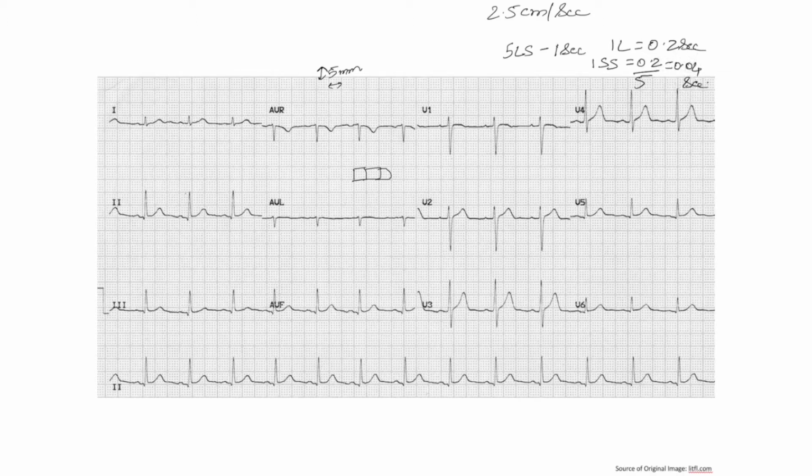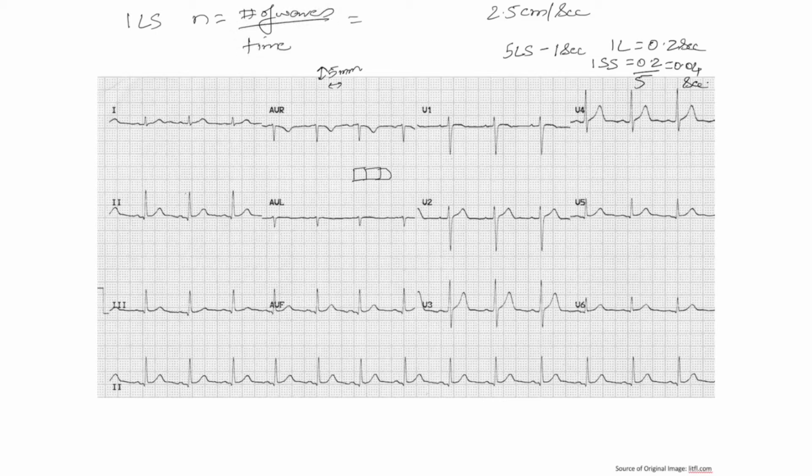If you're looking at the frequency of a wave, meaning you're trying to figure out how frequently a specific wave is occurring, you could measure the distance between any two waves and use this information to figure out the frequency. For instance, let's say there is one large square between each wave. The frequency would be equal to the number of waves by the time.